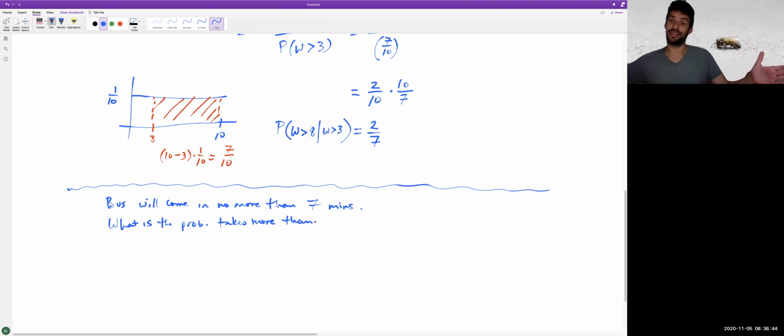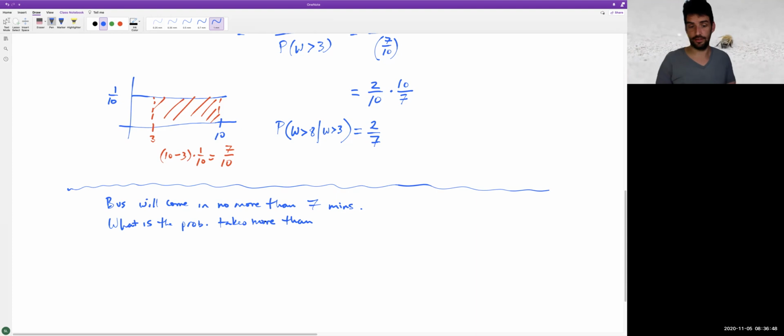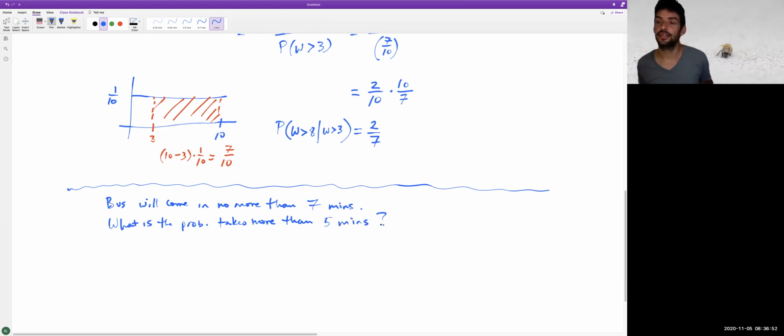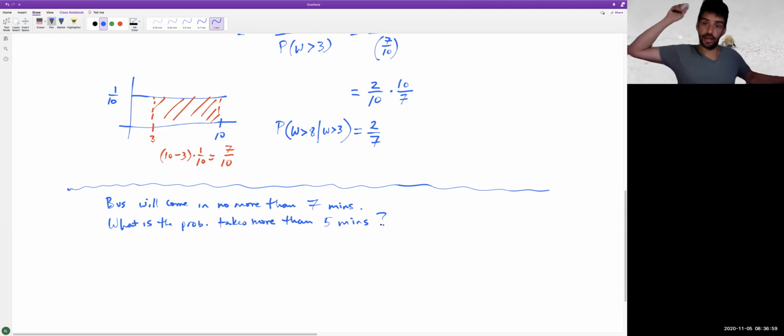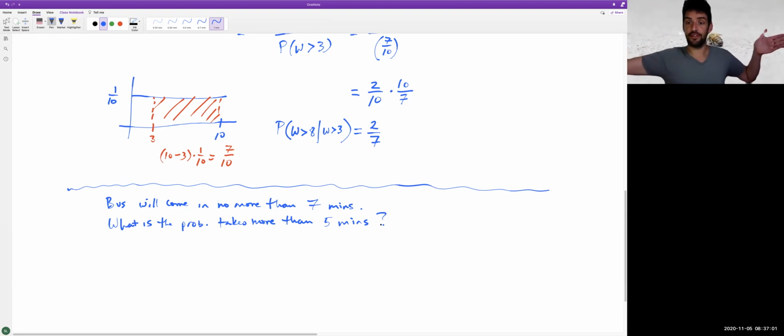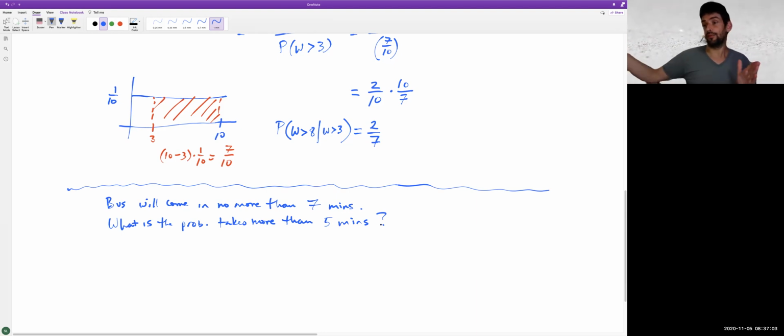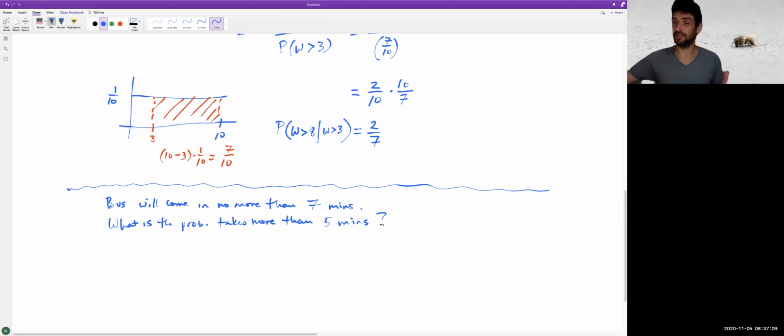We're asking about waiting 8 minutes. So now we're saying, what's the probability we wait 5 more minutes? Since we already did 3 of the 8 minutes we were asking about. So I'm asking the same question, I'm just formulating it a little bit differently. 3 minutes have gone by, so now there's 7 minutes till I know the bus has to arrive. I want to know if I'm going to be late for work. I had 8 minutes when I arrived. There's 5 of those minutes left. So what's the probability it's going to take more than those 5 minutes?